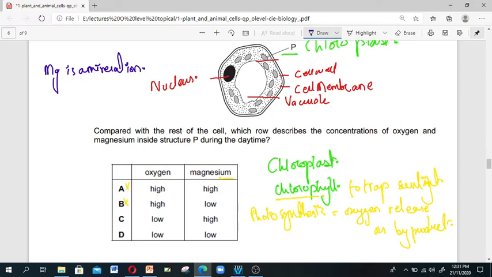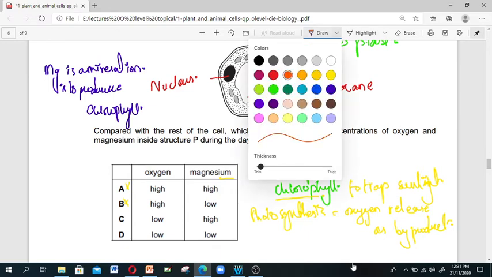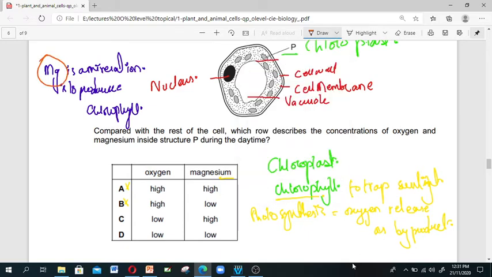The function of magnesium is to produce chlorophyll. So for the production of chlorophyll, the concentration of magnesium should be high in this chloroplast.